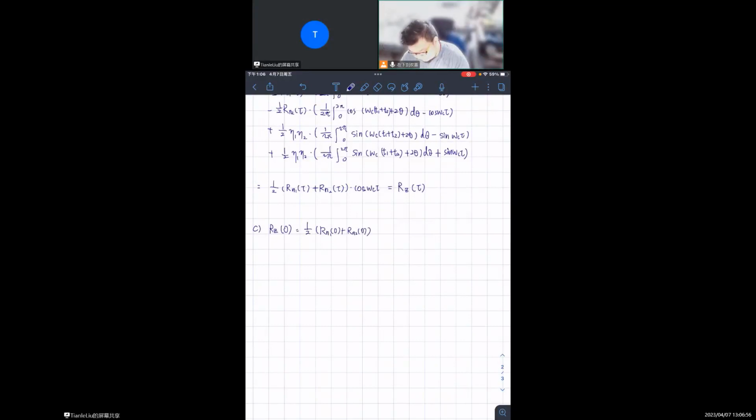Since the cosine will not influence it, cosine of 0 equals 1. So the final result is one half times the expected value of N1 squared(t) plus the expected value of N2 squared(t). I think that's it for this problem, and thank you.